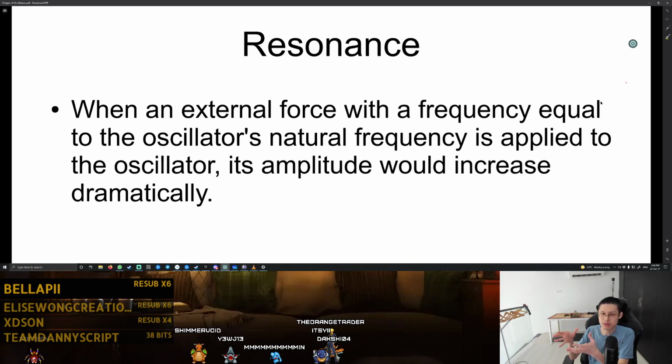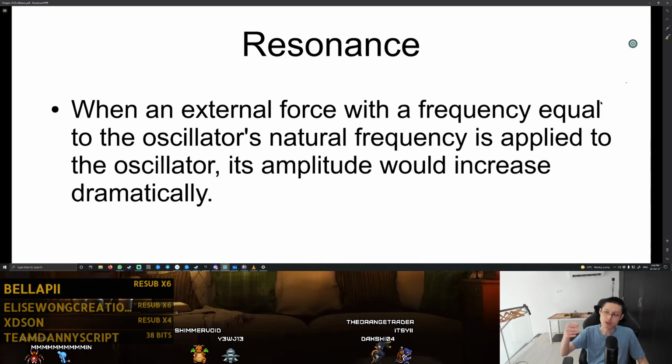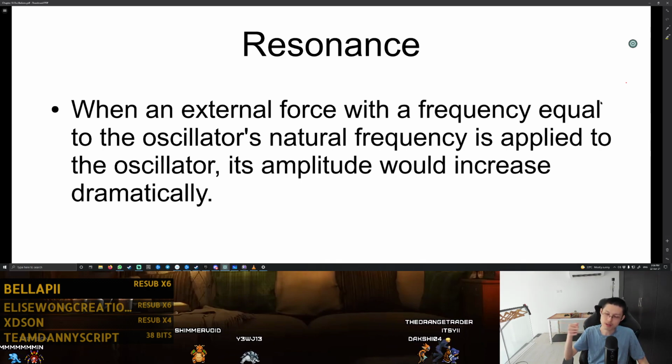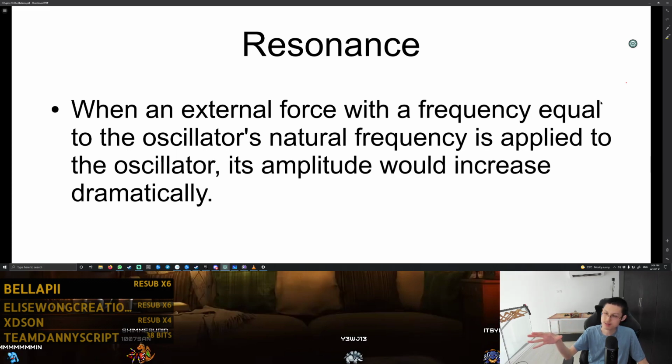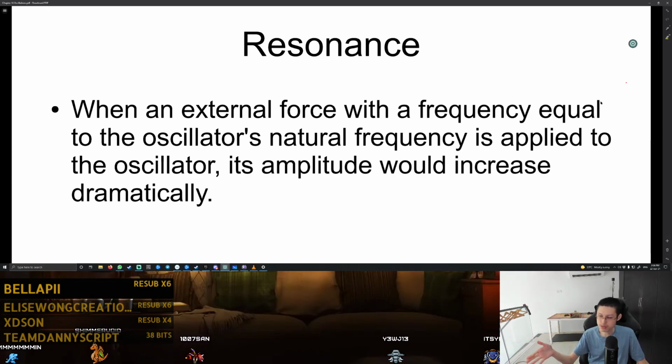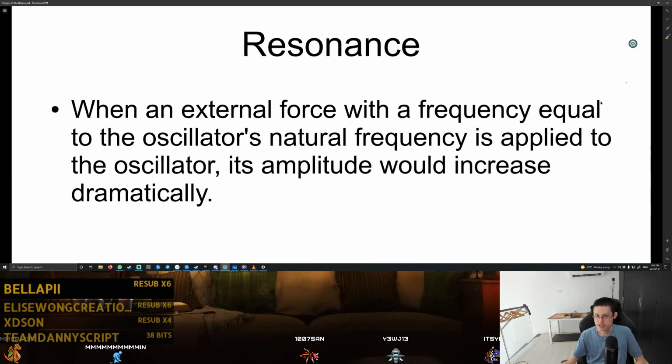It's very subtle, but you can see it. The reason that's happening is that if you rub along the rim of the wine glass with a certain frequency, you would induce resonance in the wine glass.